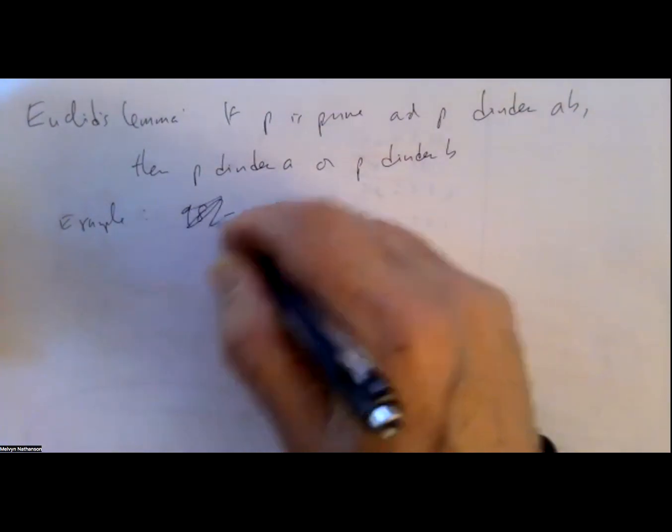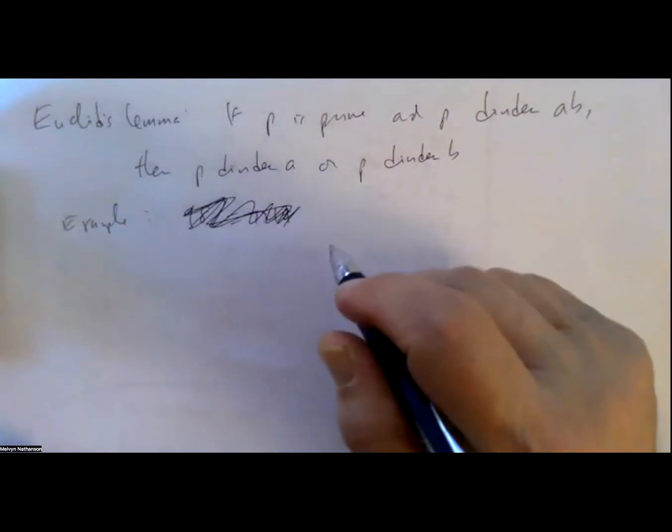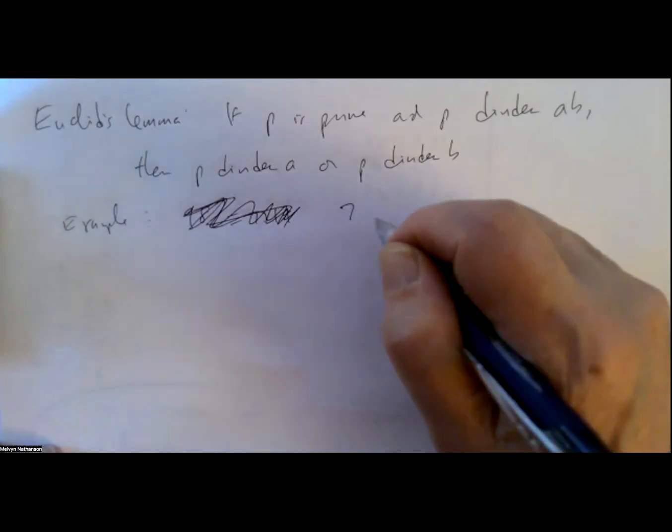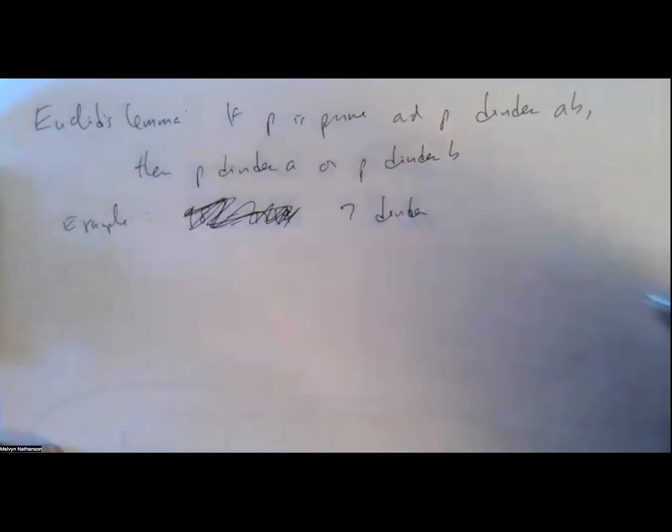A better way to say this: 7 divides 189, right?